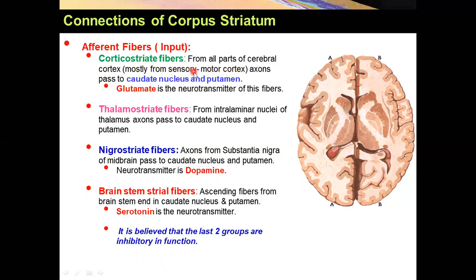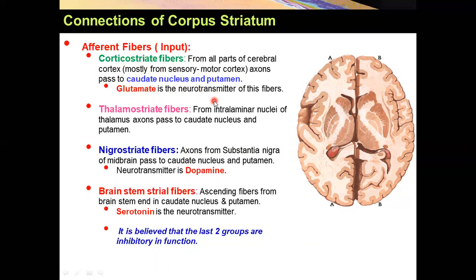In other words, from the primary sensory and primary motor cortex, which are from the precentral and postcentral gyri. The axons pass the caudate nucleus and putamen, and the corticostriate fibers use glutamate as neurotransmitter.